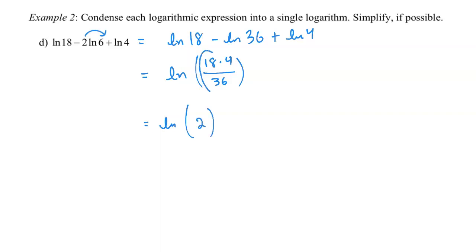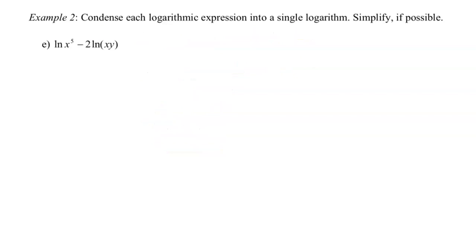If you wanted to think about it like this, 18 divided by 36 is 1/2, and 1/2 times 4 is 2. That might have been a little easier way to do it since we aren't using calculators here to do this. Okay, one more of these examples and then we'll move on to our last thing in these notes.